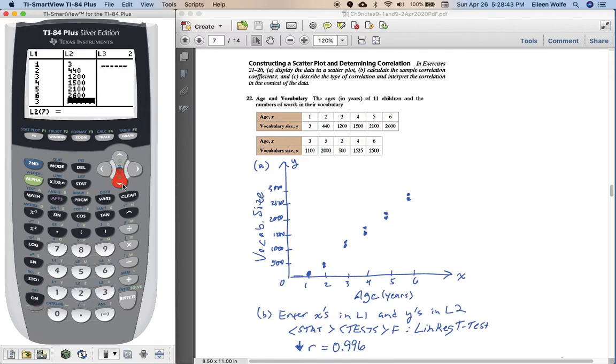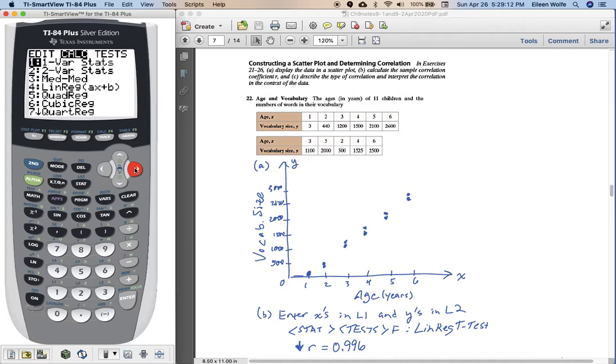Remember, these are ordered pairs, so you got to keep everything paired up. All right, the 3-year-old with 1100, another 5-year-old with 2000. Careful on typing those zeros. A 2-year-old with 500. 15, 25, and 2500. Okay, quick enough.